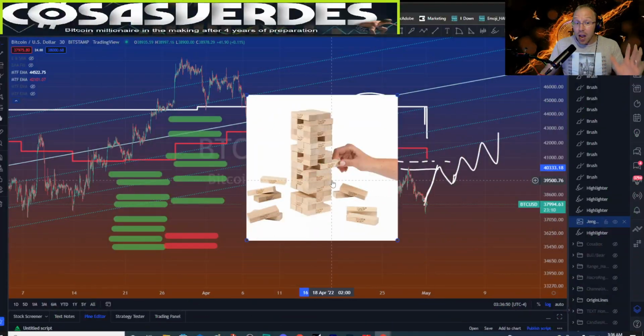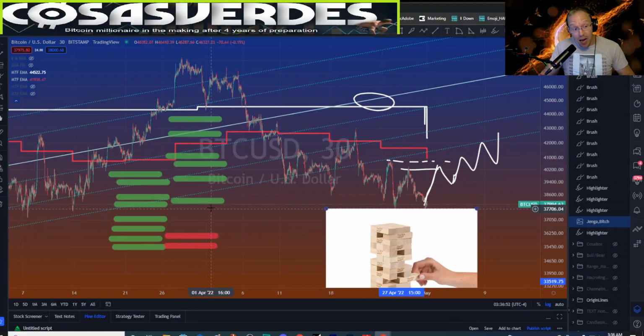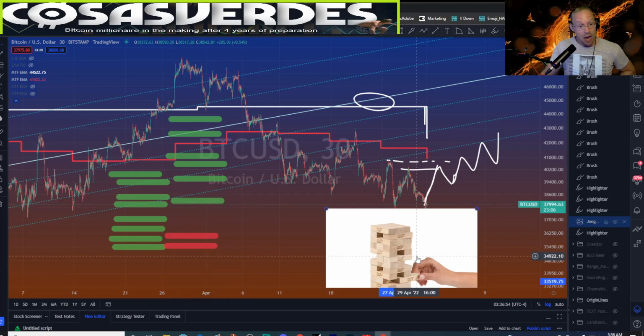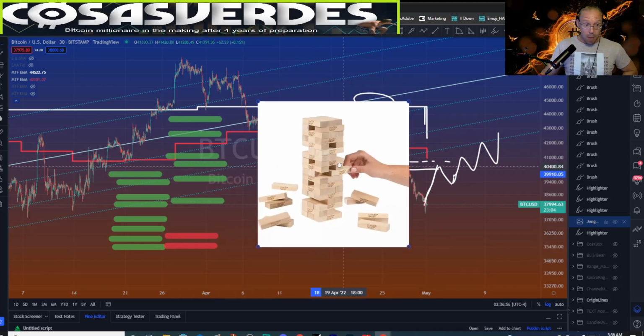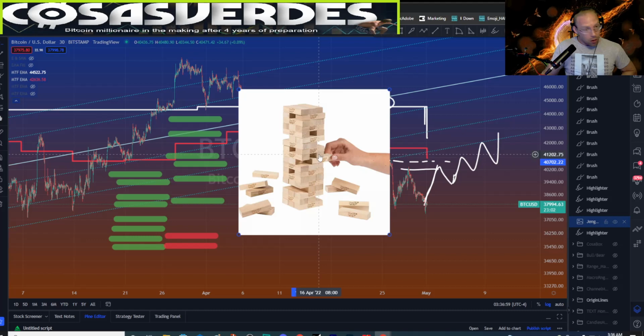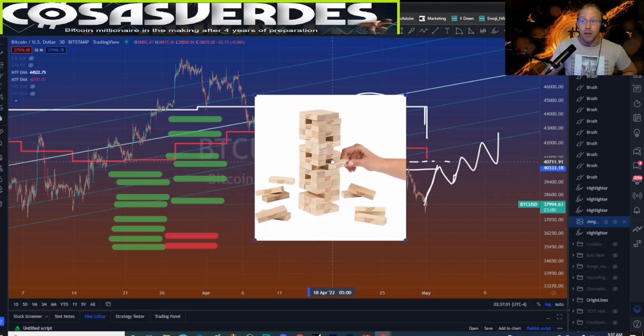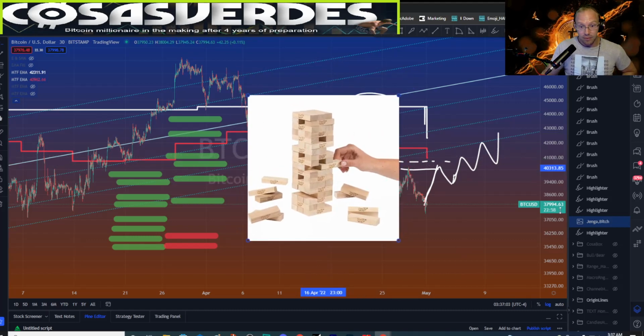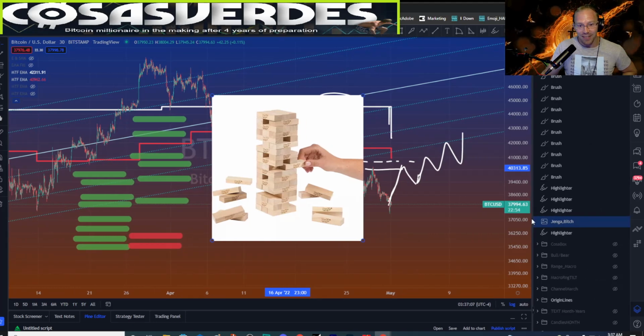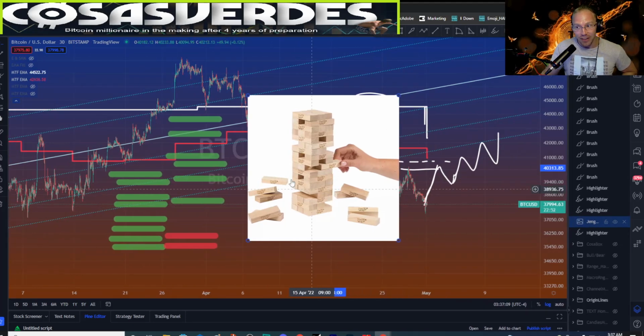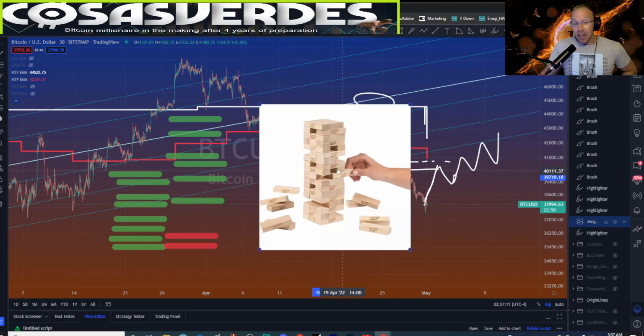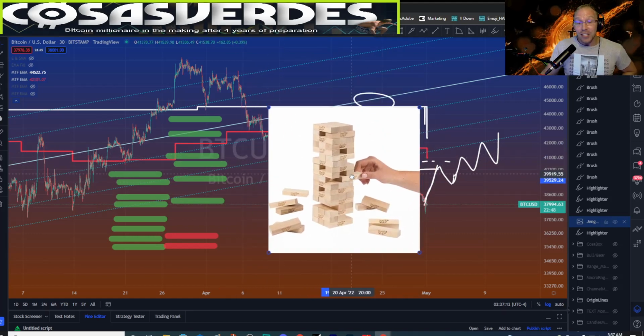All right, so now we got Jenga. So we got our greenhouse, and we're saying bull run. No, you don't get a bull run. You get Jenga.